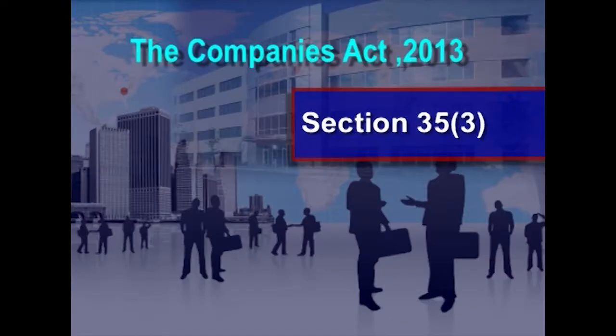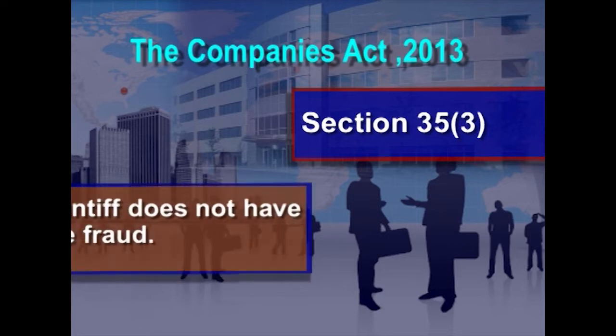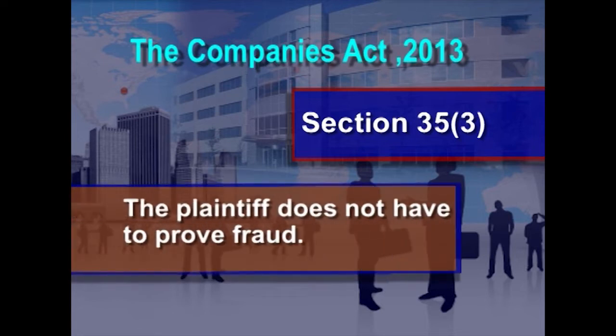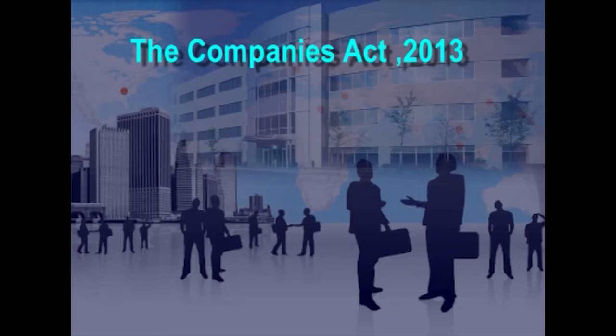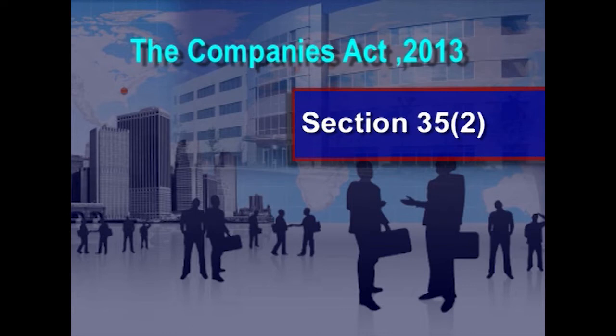The chief advantage of proceeding under this section is that the plaintiff does not have to prove fraud. If the representation is false, the directors cannot escape liability even if they had made it bona fide and not with intent to deceive. But they have the following special defenses under section 35 subsection 2 of the Act.